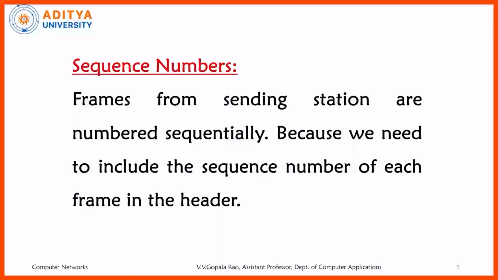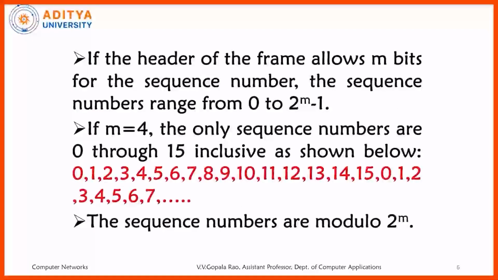Now suppose the header of the frame allows m bits for the sequence number. The sequence numbers can range from 0 to 2 to the power of m minus 1. That means, suppose I am going to send some frames, then my header is limited to only m bits.